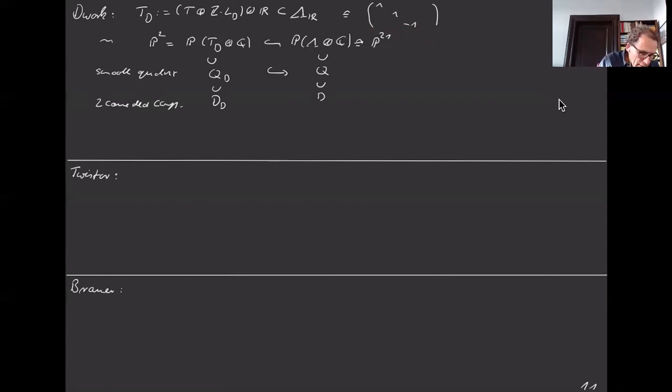If you write elements in this period domain as A sigma plus B sigma bar plus C times the Dwork line bundle, then the real condition becomes A squared plus B squared is bigger than 2C squared, where we assume that we normalize the holomorphic 2-form such that the product is just 1.